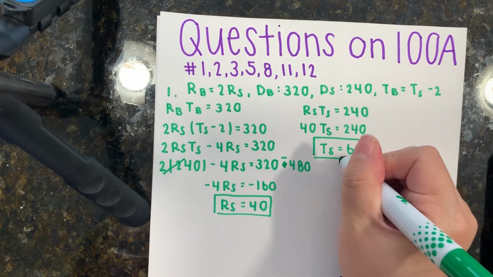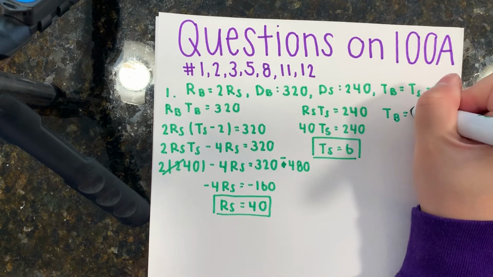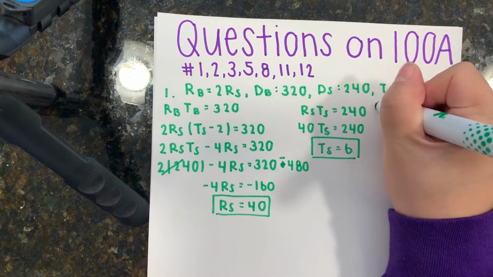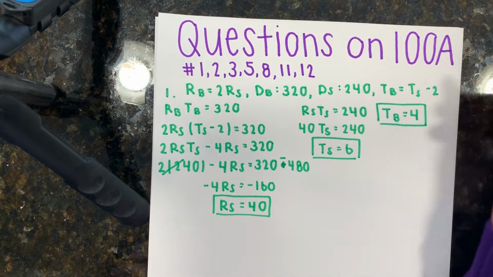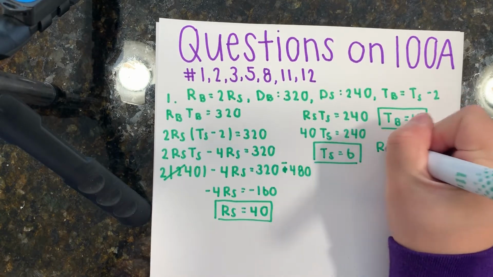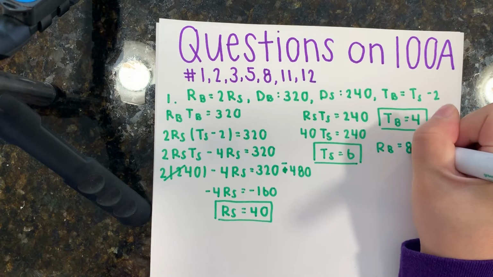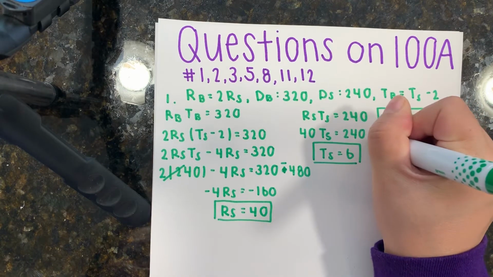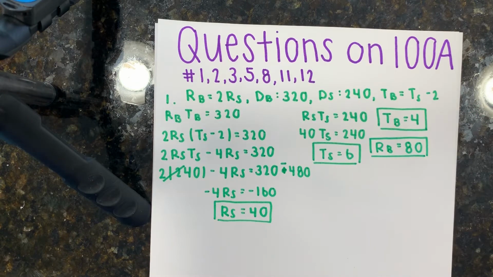Now if TS is equal to 6, then TB is going to be equal to 4, because it's 6 minus 2. Then RB is twice RS, so that means RB is going to be 2 times RS, which is 80. So RB is 80, RS is 40, TS is 6, TB is 4.